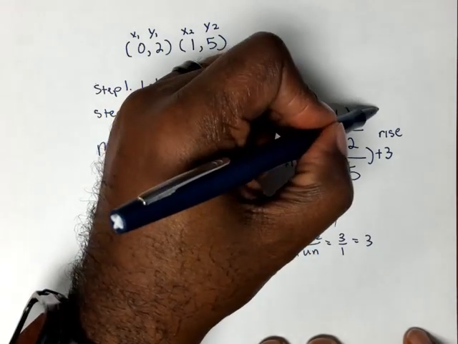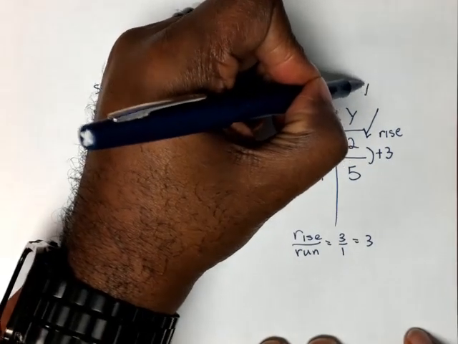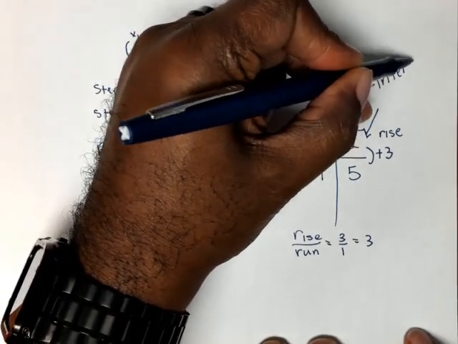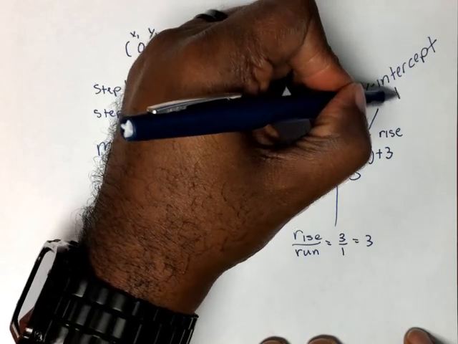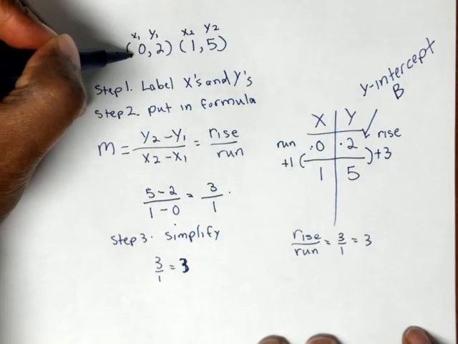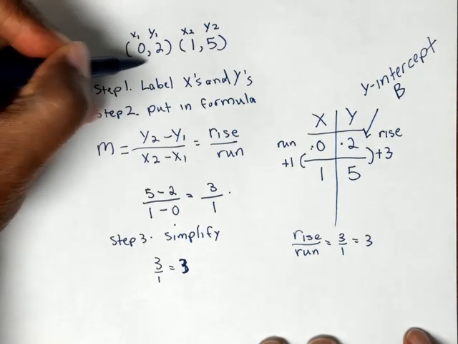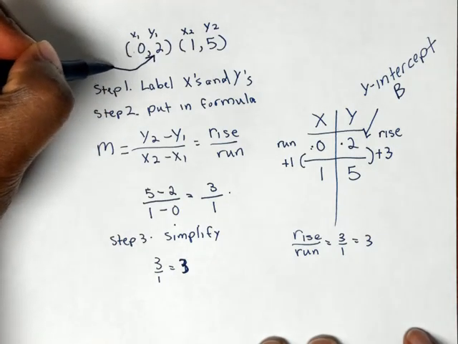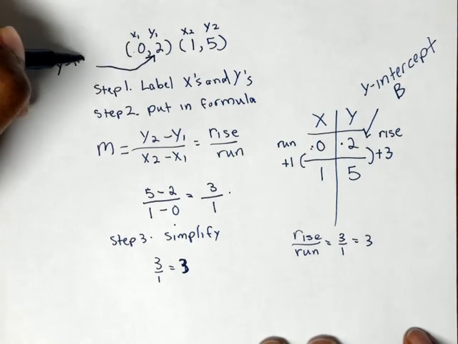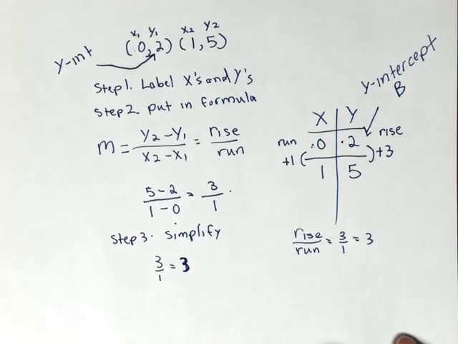So this, and I'll draw an arrow to it, would be our y-intercept, or b. Like I said, in the next video, we'll go over how to find slopes that are undefined, 0 slopes, and we'll also go into some y-intercept work. Then we'll do some practice with word problems and some graphs.